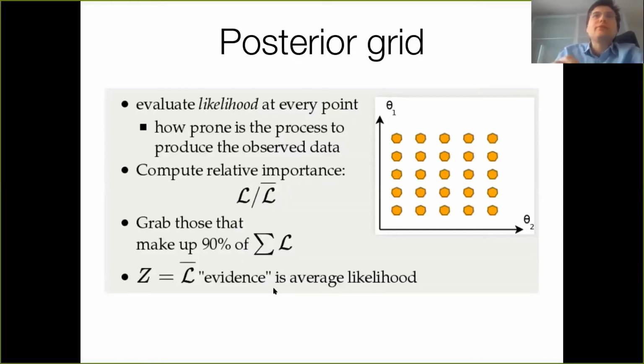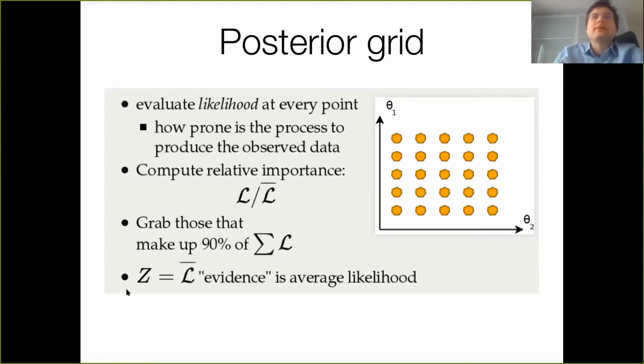Now, if you chose a grid like I just demonstrated to you earlier, then you can evaluate the likelihood in each of those grid points, and you can compute the relative importance, so that they all normalize to 1, and then you could choose the region that gives 90% of that likelihood.